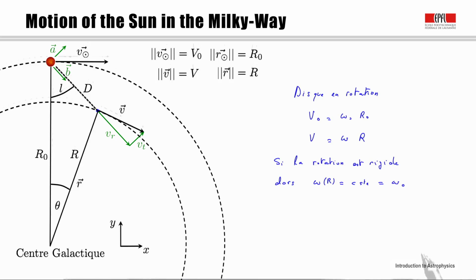The next step is to see whether the star's angular velocity is constant or not. In other words, does the disk rotate like a rigid body or not?